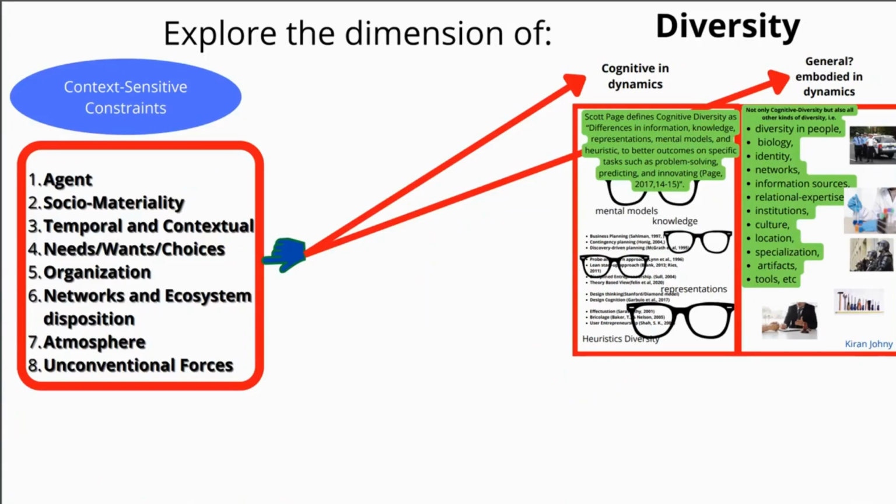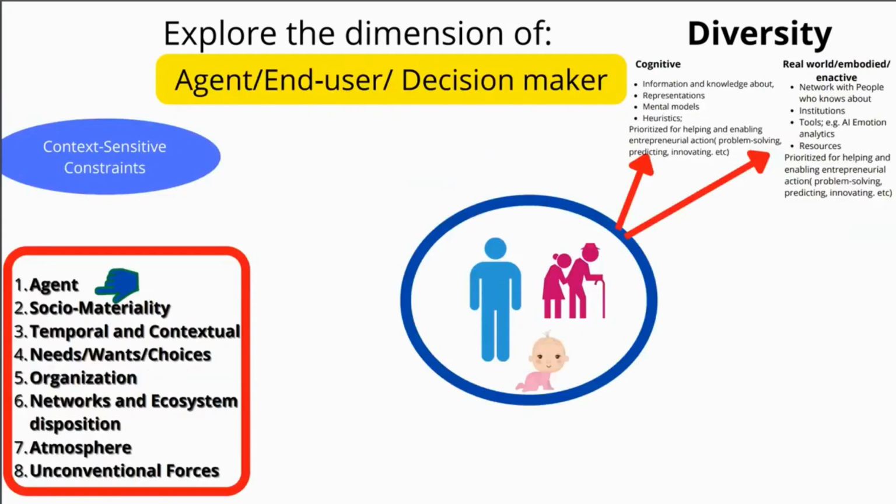Now, let us have a look into each of these exploratory dimensions one by one. Let us start with the agent dimension. The first key exploratory dimension is the agent. This exploratory dimension is about knowing about and developing actionability related to the agent, that is the end user. This is the same end user to whom the entrepreneur caters.